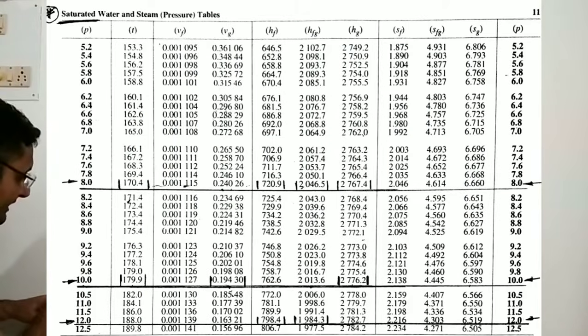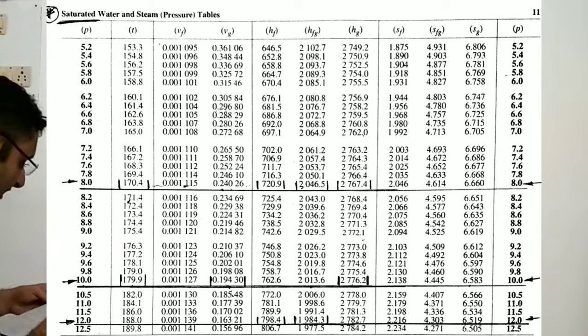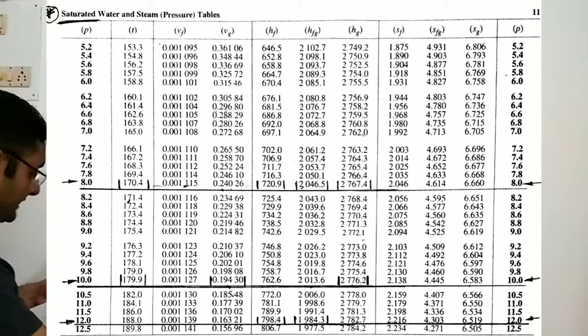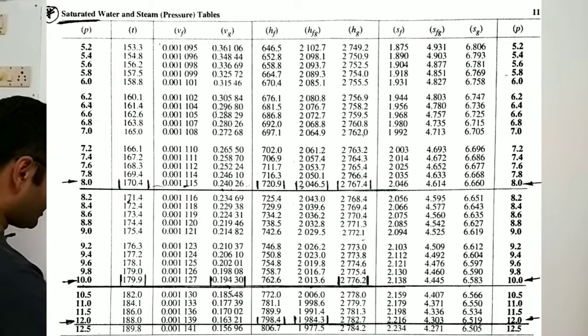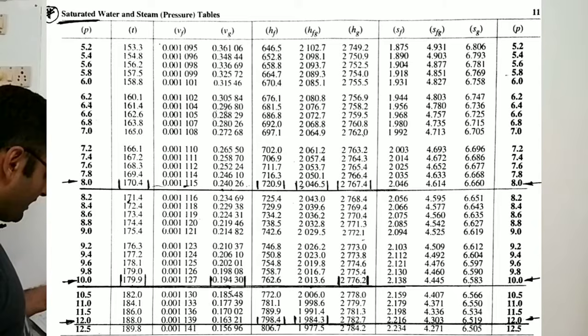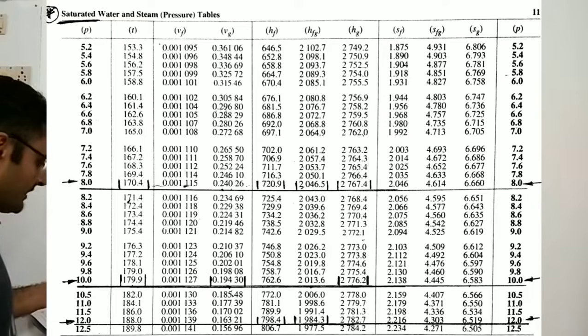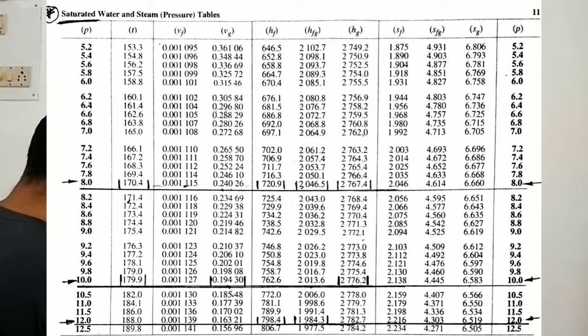Now from this steam table you can say that in front of 8 bar pressure, value of Hg is 2767.4. Is it? Yes, it is. Then HF value is 720.9, and value of HFG in front of 8 bar pressure is given as 2046.5, and temperature is 170.4.